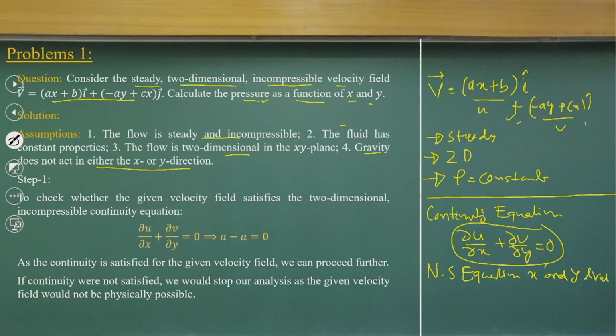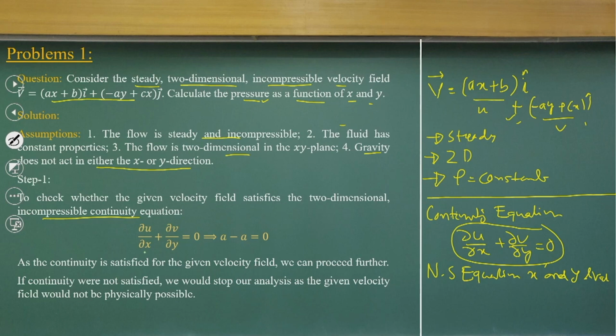If the velocity field does not satisfy the continuity equation, we should not find the pressure field for it. We are using the incompressible continuity equation to check whether the given velocity field is really possible for a fluid flow case or not.